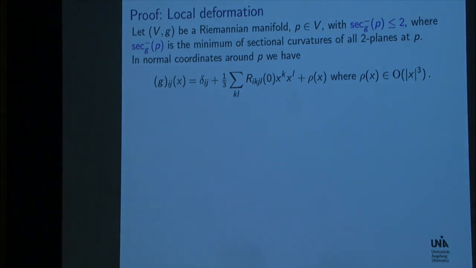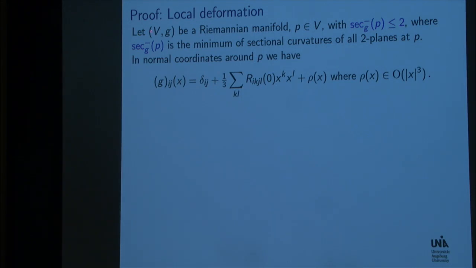The first one is a local computation, because we want to apply the local flexibility lemma. So we start with our metric G, and then we start to deform it locally. Then we can extend these deformations, and this will then be repeated. How does it work?